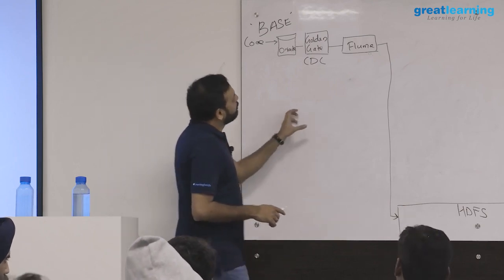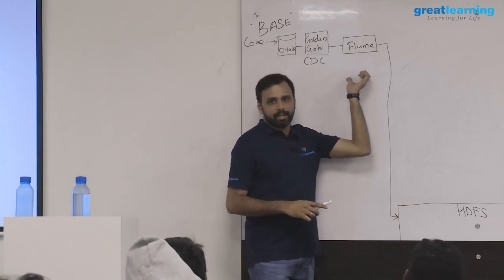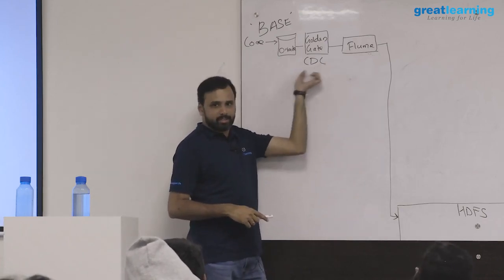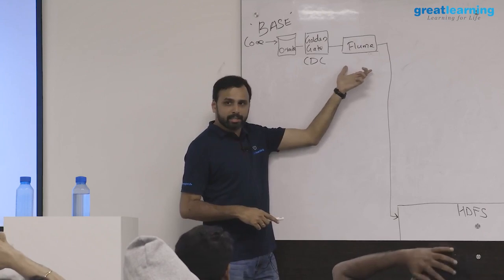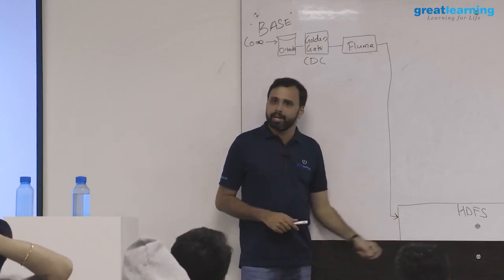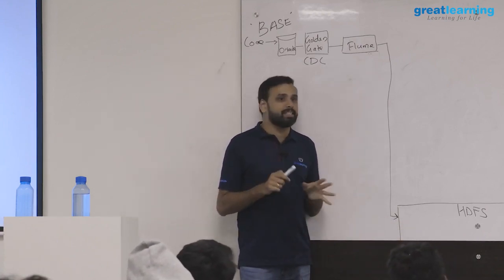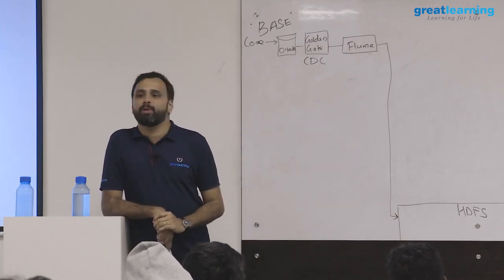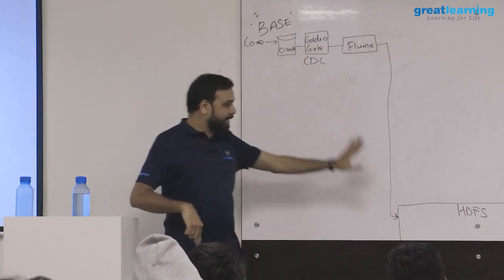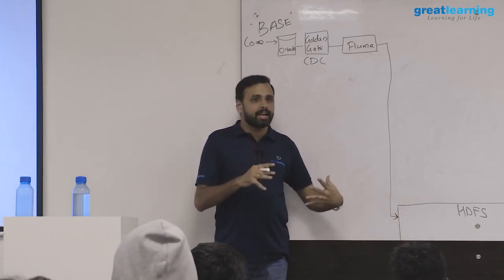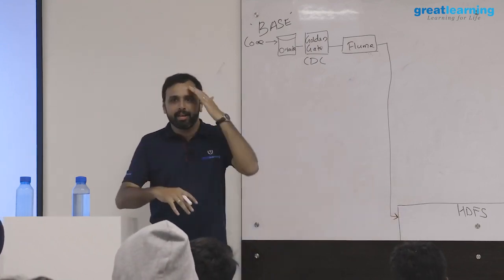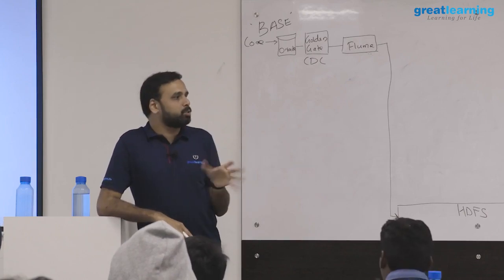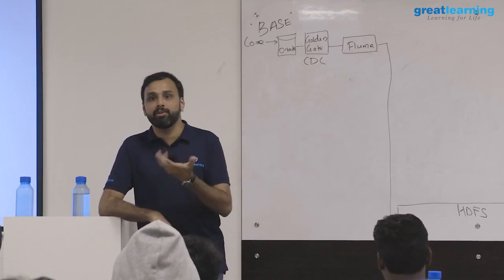So we implemented Flume so that whenever there is a log file getting generated here, this guy will pull it and immediately make it available in Hadoop. But that did not solve the problem, because my problem was that I don't just want to get the data to Hadoop. I want to understand whether it is happening in real time, and if yes, if this card swipe is for 1 lakh rupees or something, I want to send an SMS.